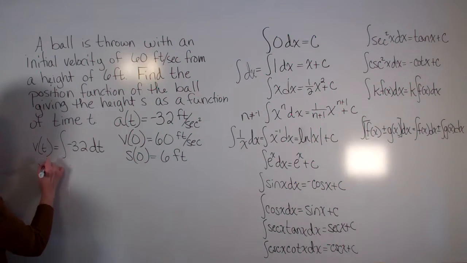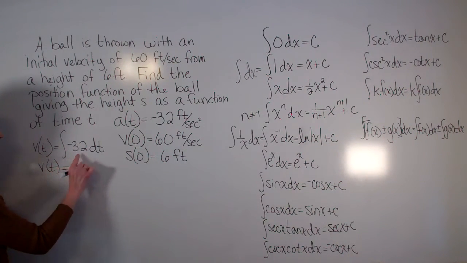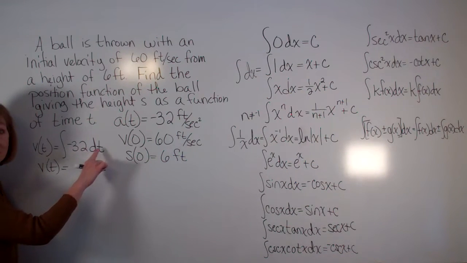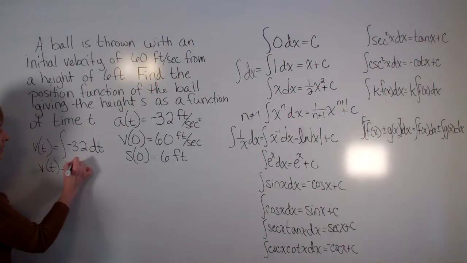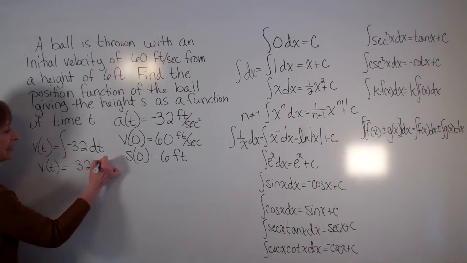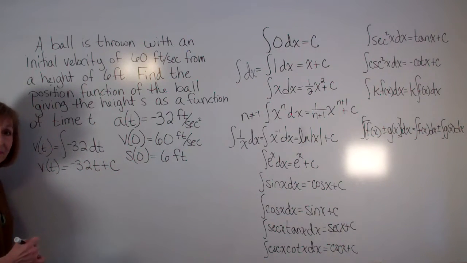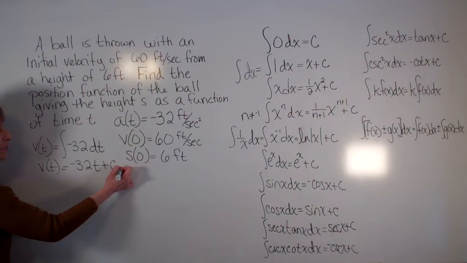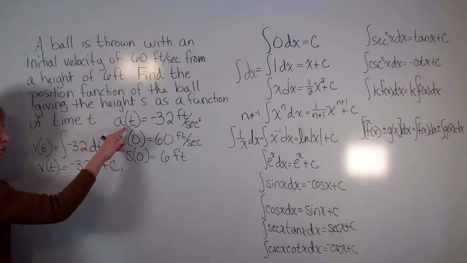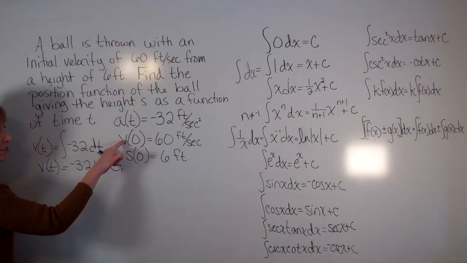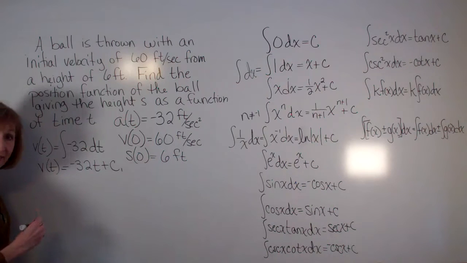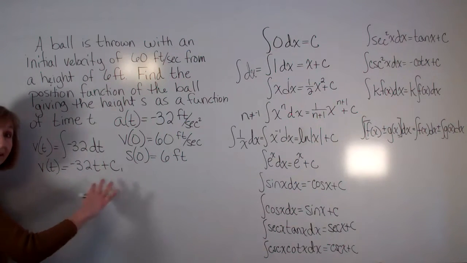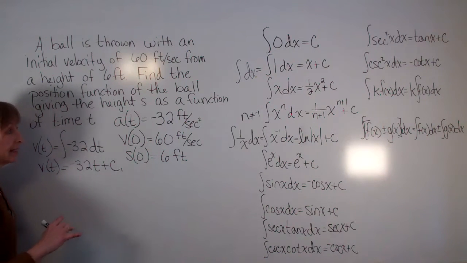Now remember, when I'm integrating the constant with respect to t, that's going to be negative 32t plus c. And at this point, a lot of times we want to say c sub 1 because I know I'm going to do two phases of this. So I'll have a constant term at this phase and then another constant term at the second phase. But we want to find that constant before we move on.